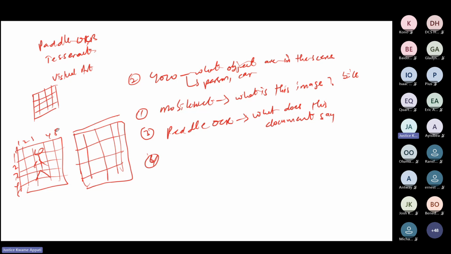But what matters is the same number of columns and rows. They count 1, 2, 3. I see an arc here and an arc here. And then under 2 and 3, I see something here. Then they keep on tracing. By the time they are done, they end up tracing you. These boxes are called pixels.